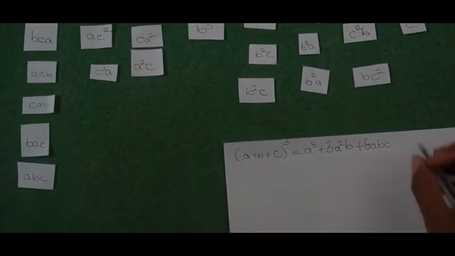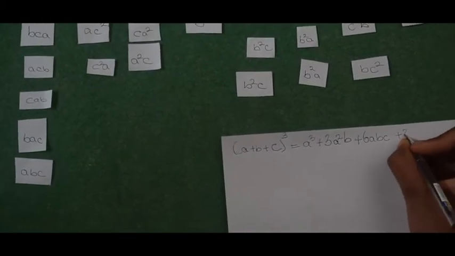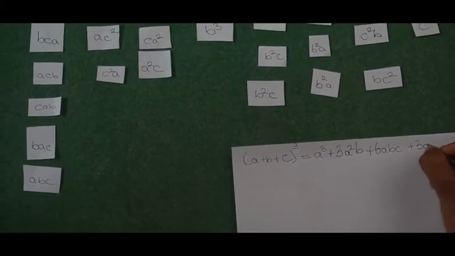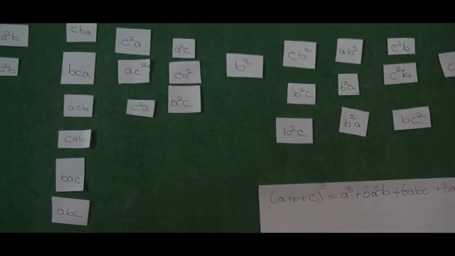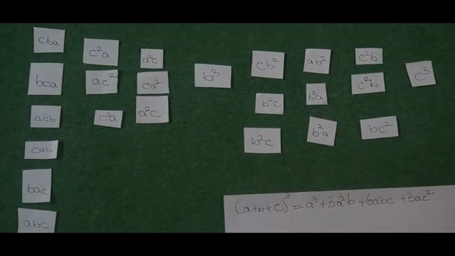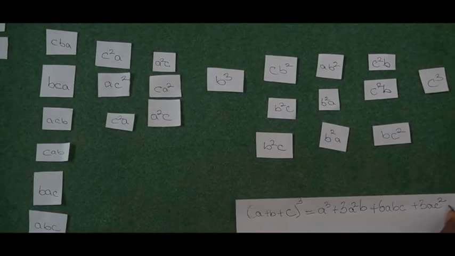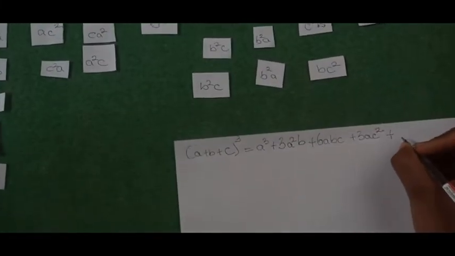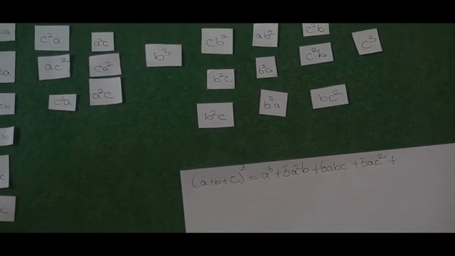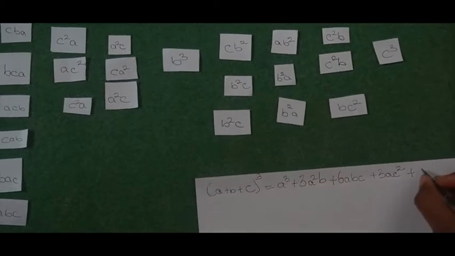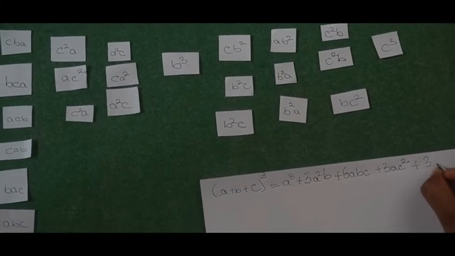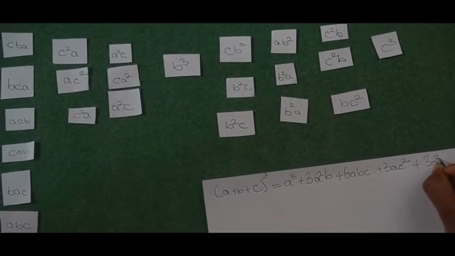So you can write plus 3AC squared, plus A squared C. How many? We have 3. Right. 3A squared C.